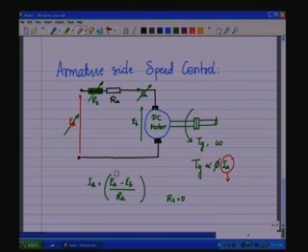Now, as EA is decreased, what is going to happen? EB has still not decreased. IA is going to reduce because EA minus EB is going to reduce, and as IA reduces, TG, the generated torque, is going to reduce because it is proportional to phi IA.